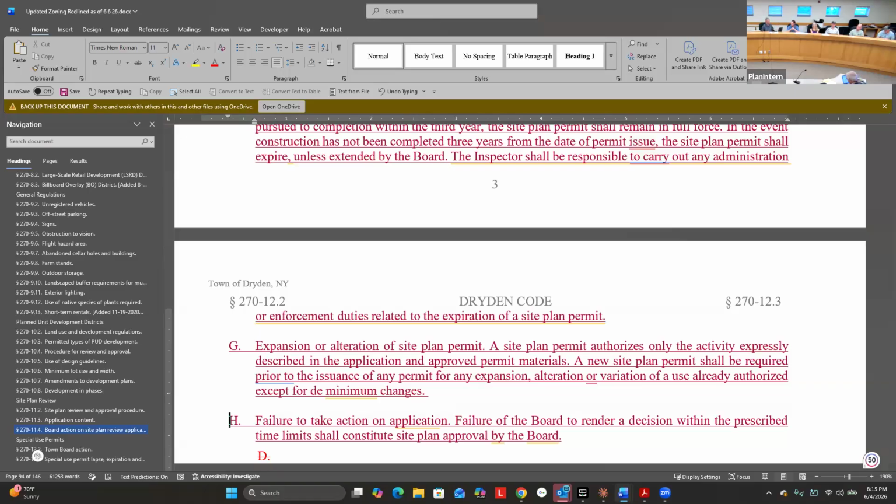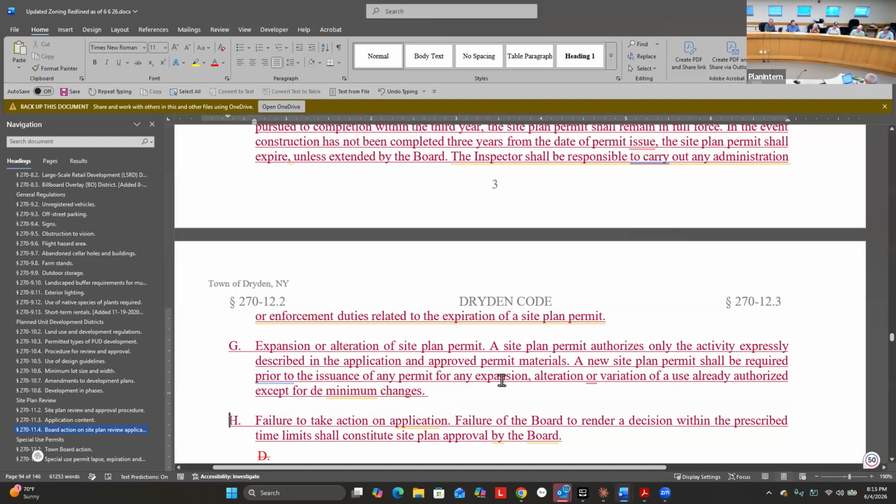So next time, we're going to pick up with section 270.11.5, which is the modified site plan review. We'll leave sections 270.12 and 270.13 on the list for next time. Is there another section after that, Nan?